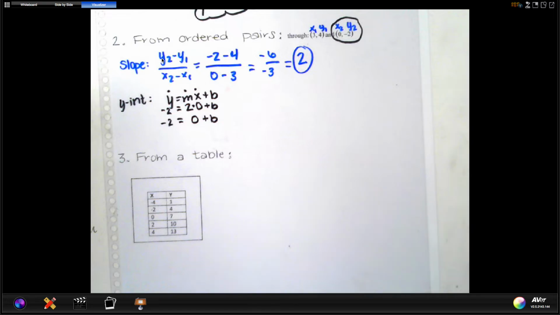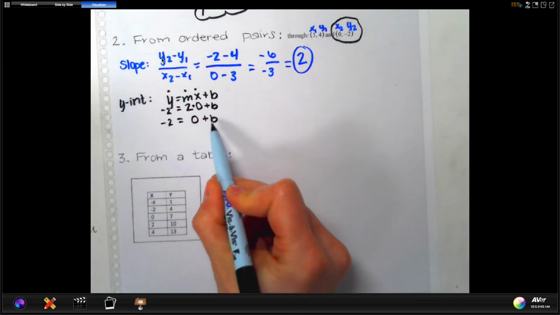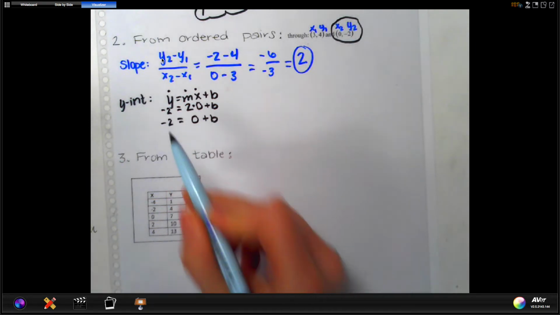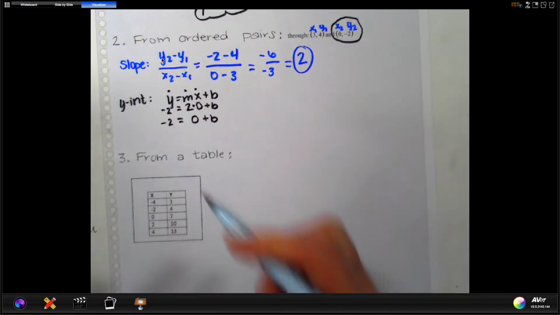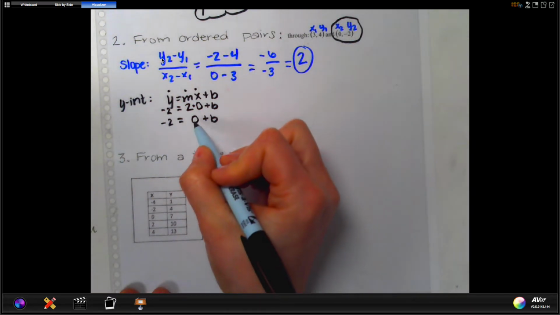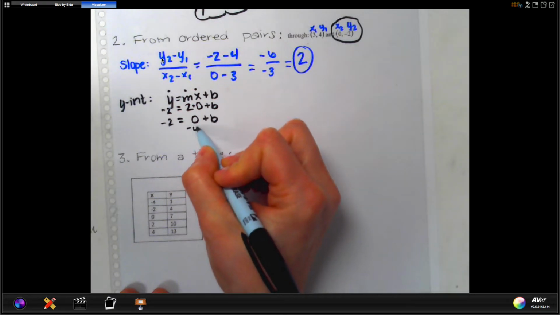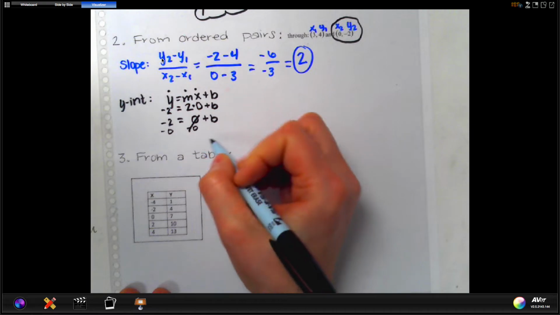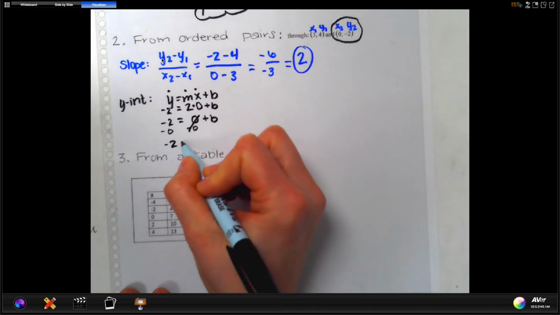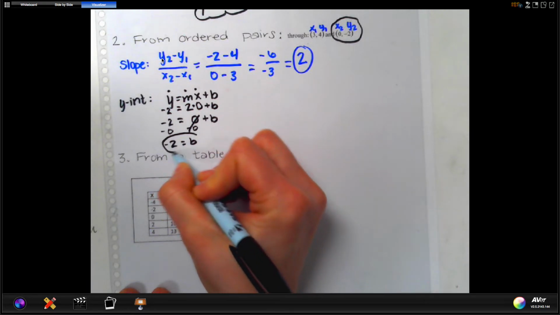Okay, so now it's saying 0 plus what number gives us negative 2? And most of us can do that in our head and know that it's negative 2. If you wanted to, technically you could cancel this 0, so subtract 0 and subtract 0. Well, negative 2 minus 0 is negative 2, and that is our result for b.